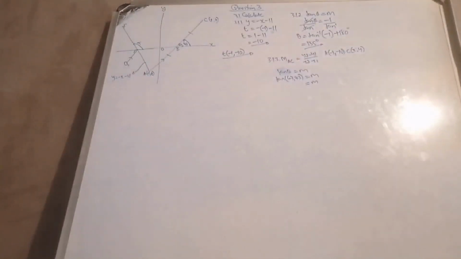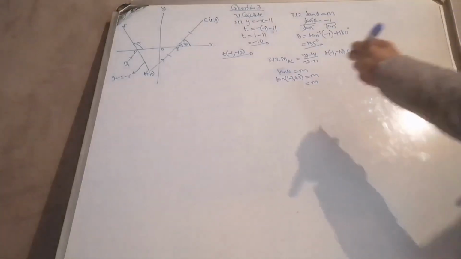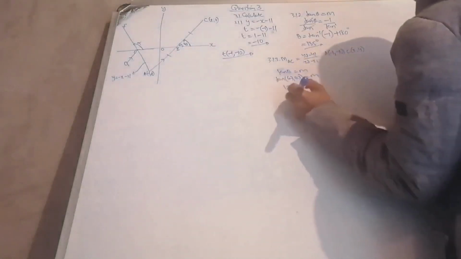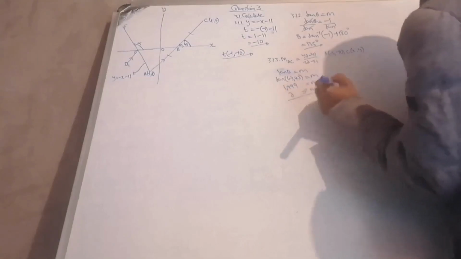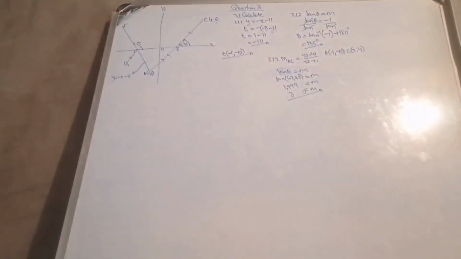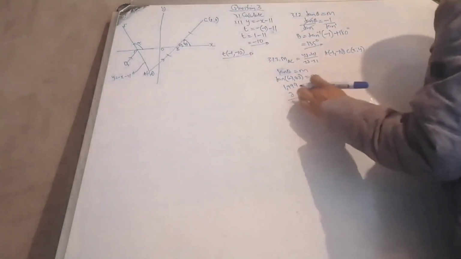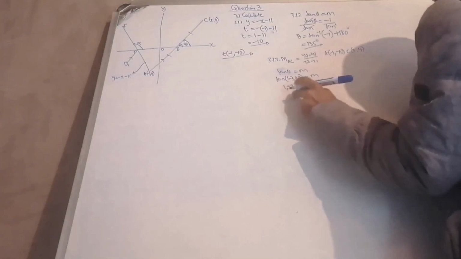And remember, they said to the nearest whole number. Now I go to my calculator and I say tan of 63.43. And what value do I have? 1.999, which can be approximated as a whole number of 2. So the gradient will be 2 there. And that's how you should find the gradient of that.